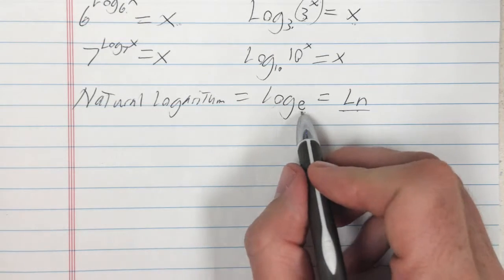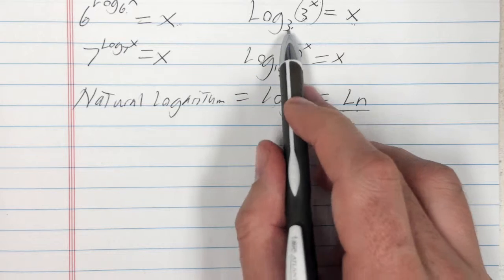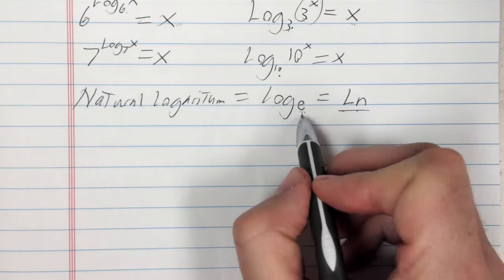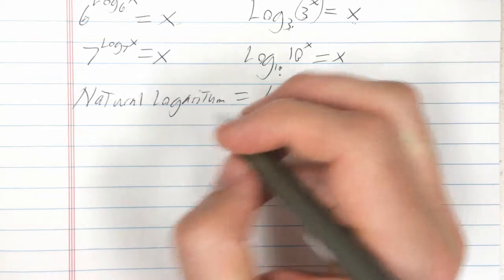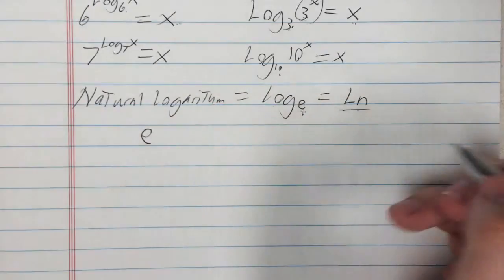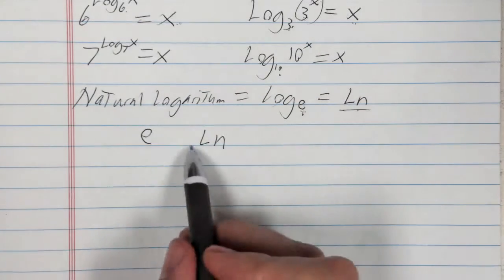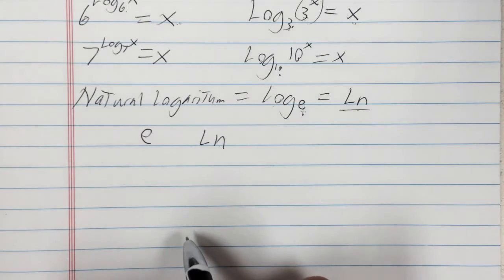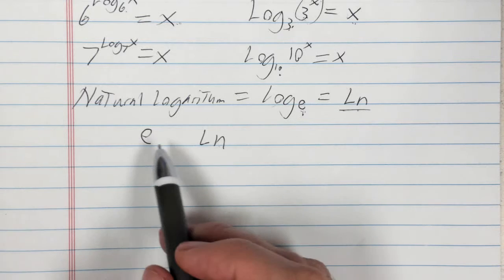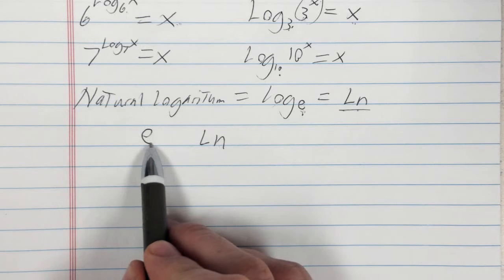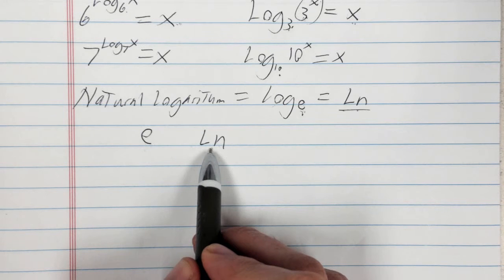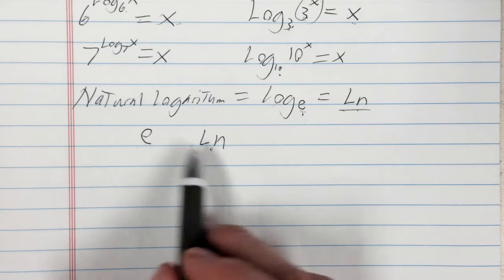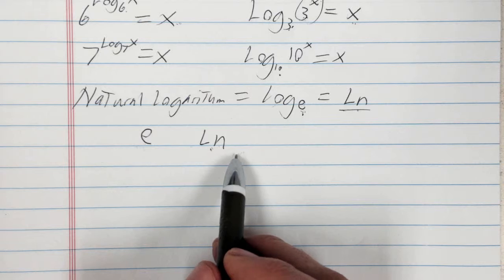So it's just changing the base, instead of being base 10 or base 3, it's base e. So e and ln are now inverses. You're going to be transferring from e to the natural log, going back and forth between those two.